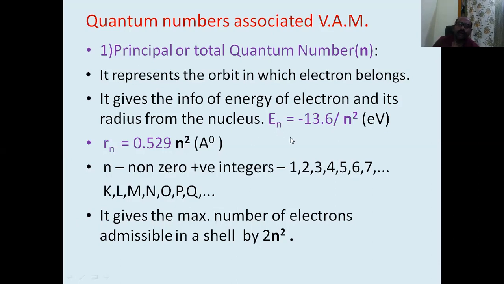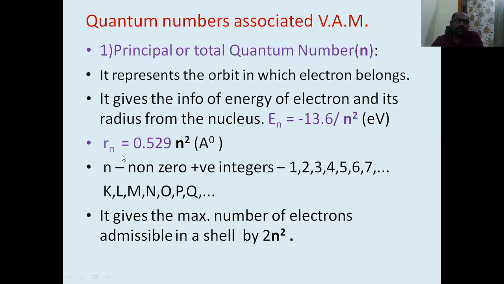We are seeing from these equations, the energy of electron in nth orbit is equal to minus 13.6 by n square in units of electron volts.